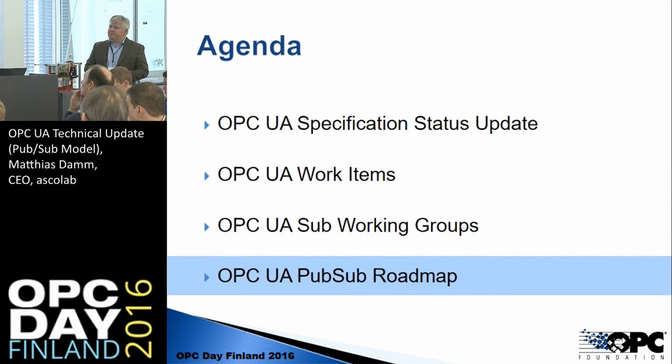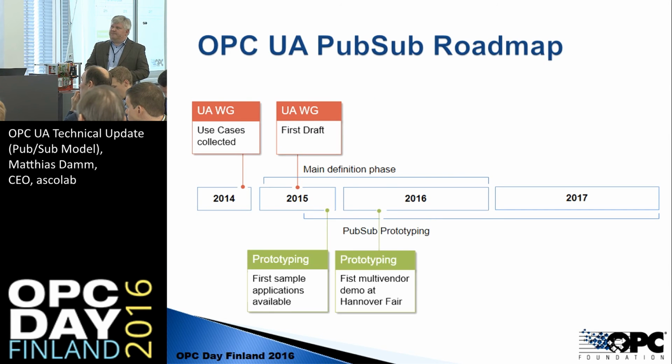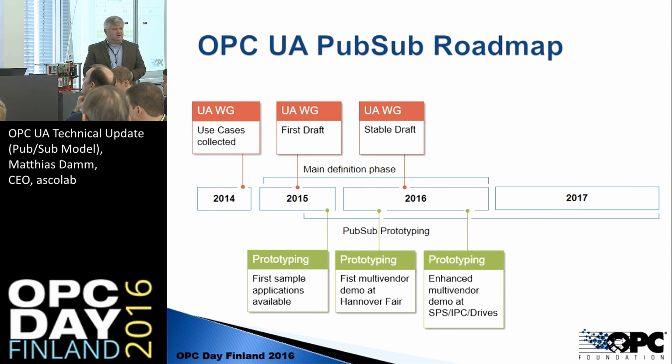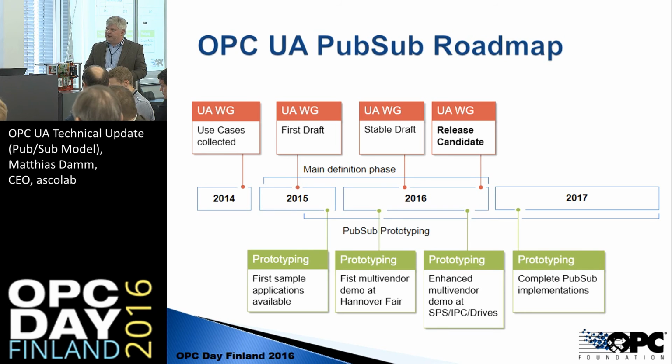So the roadmap we have for the next specification release is that we do a lot of prototyping at the moment, and we want to have a release candidate in December this year. And then we want to finish prototyping, complete the PubSub implementation. So we have already a lot of stuff running, but there's probably a little bit more prototyping to do, especially with the final release candidate.